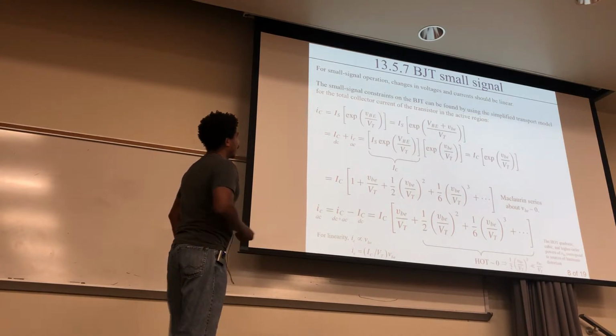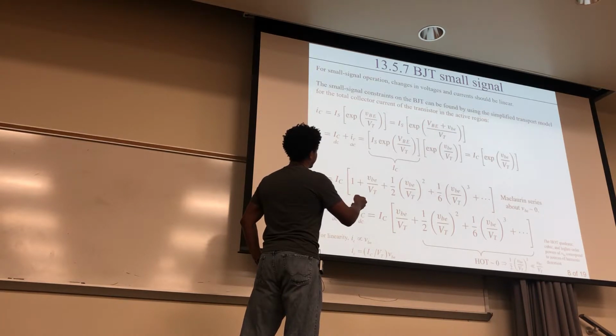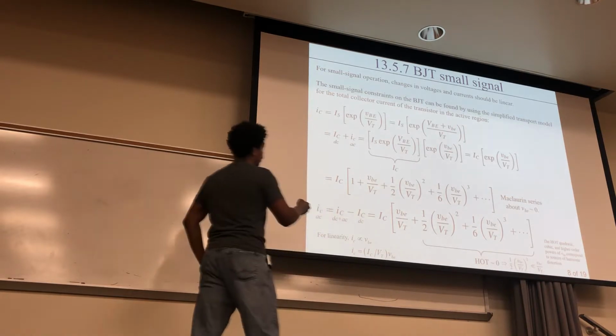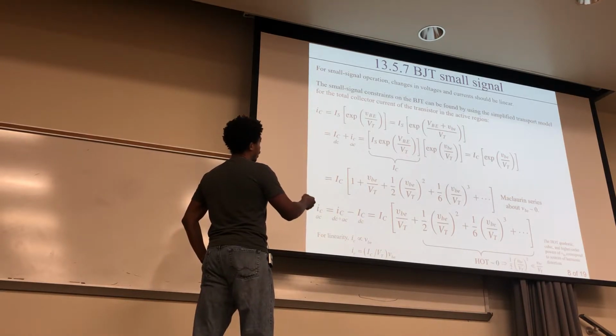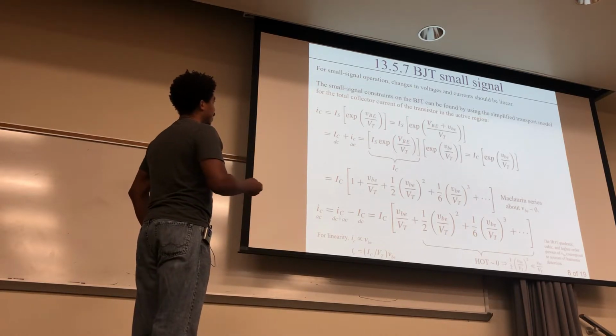And so for that, we have this right here, where you're going to break this piece into two pieces, this piece and that piece. You'll identify this component as IC, and that's what you have right here.